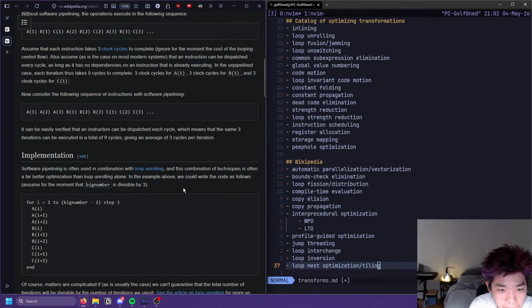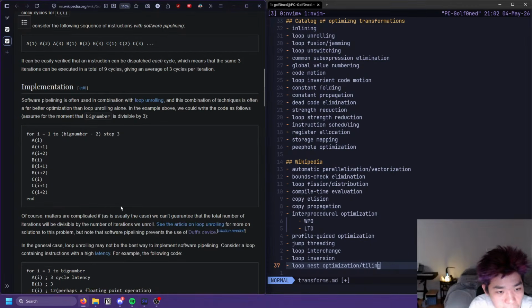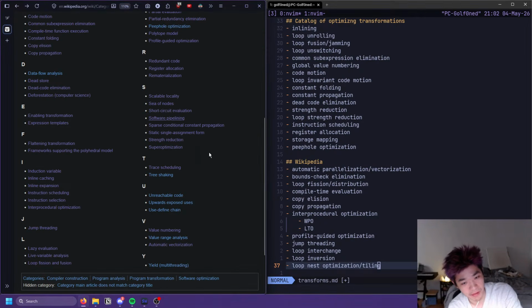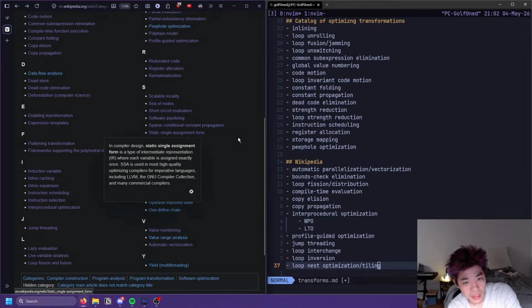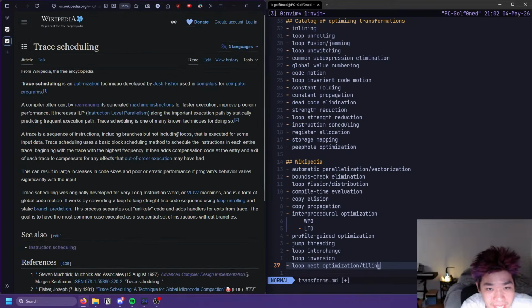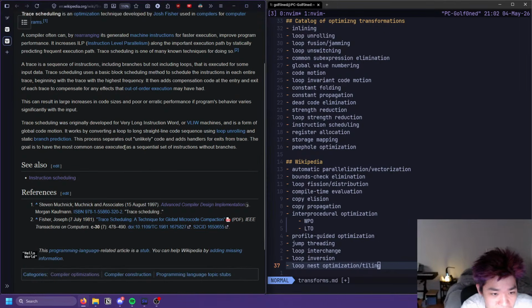Yeah, so like, I guess this kind of fits under code motion, so I don't really think I want to do too much with it. Oh man. Trace scheduling. Sure.